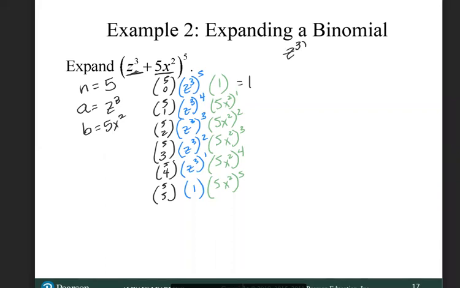Z cubed times z cubed times z cubed, 3, 4, 5. So if I add all of those exponents, this is z to the 3 times 5. Just a little review of exponent rules there. So this is z to the 15. So that means my first term is just z to the 15.